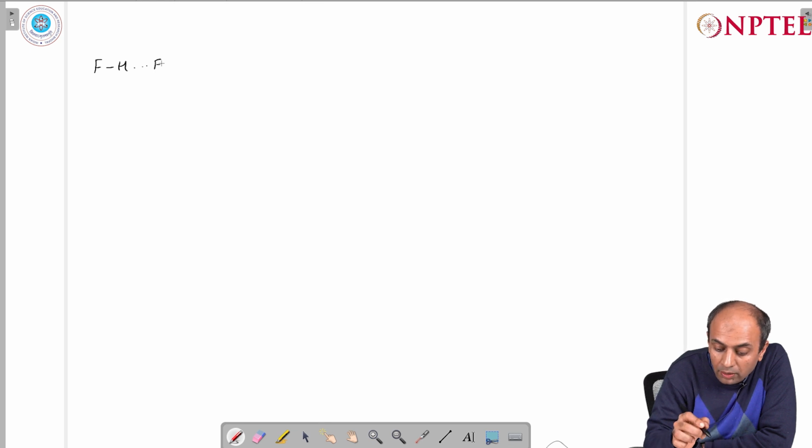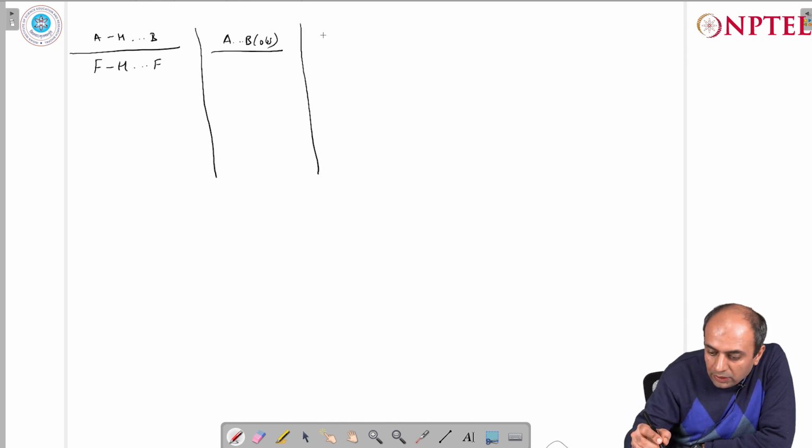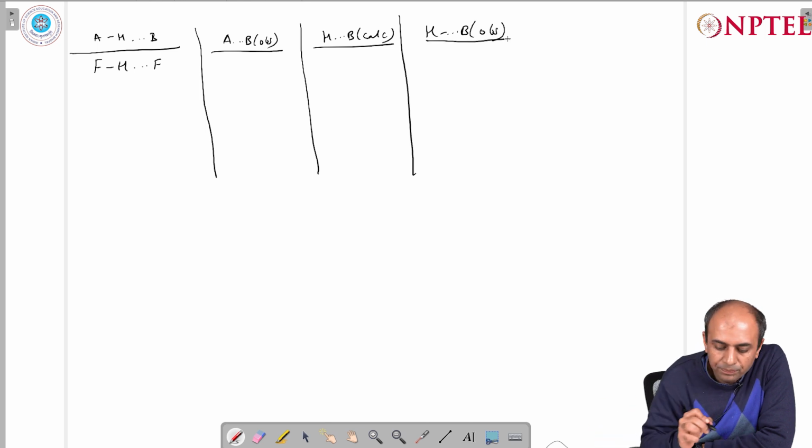This involves a hydrogen bonding interaction between the most electronegative atoms. Using AHB as the nomenclature, we take the distance AB observed, the HB calculated and the HB observed.